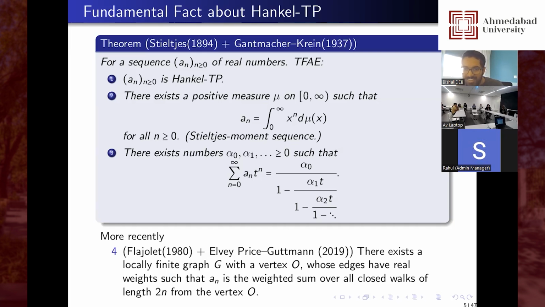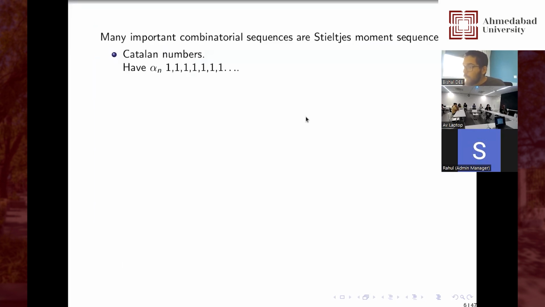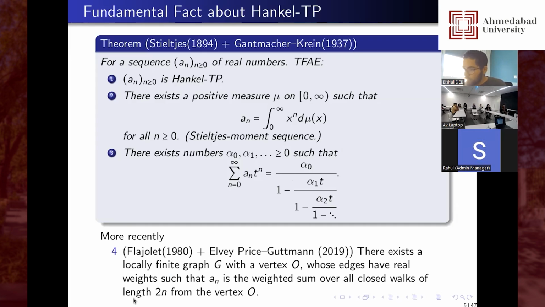You are choosing all closed walks of length 2n, so there is a restriction on the length. Okay, got it. So you start from the origin and you come back to the origin, and you're only allowed 2n steps. And so in a locally finite graph, this will be finite. So it will be a finite sum.